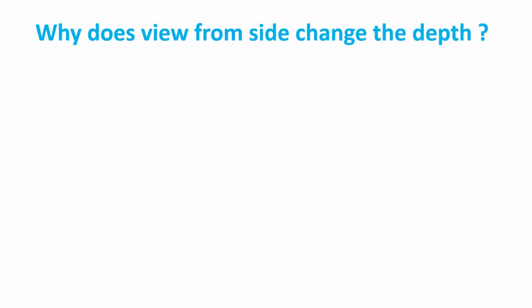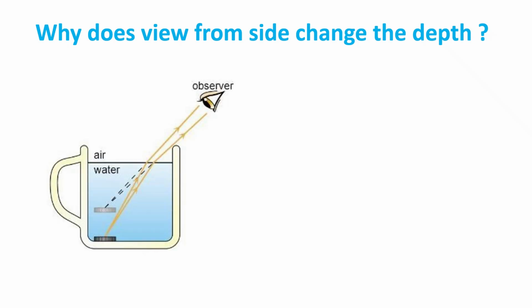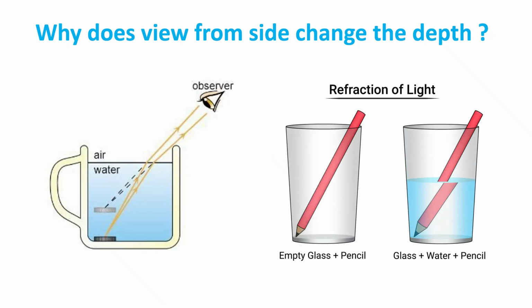Now let us look at why does view from side change the depth. Again, the answer to this is effect of refraction. It is because, look at this, for example, the coin is here, right? So the observer is supposed to see the coin like this, but the ray of light refracts over here because it's rarer to denser.